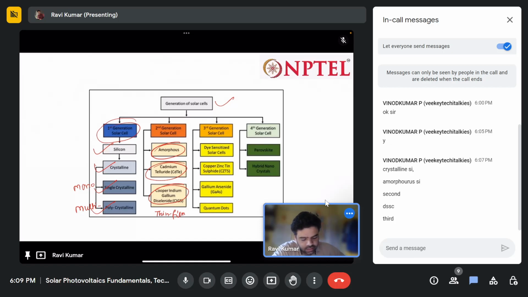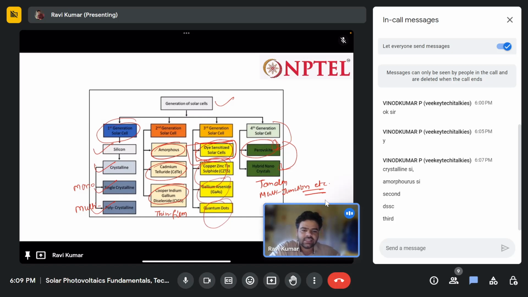And then we have DSSC, different materials like GaAs and quantum dots as well. Sorry, perovskite is from fourth generation, and then we have hybrid, tandem as well, and multi-junction, etc. So this is the topic for today's week, DSSC, dye sensitized solar cell.